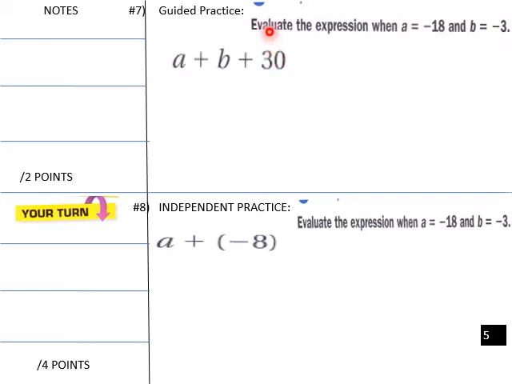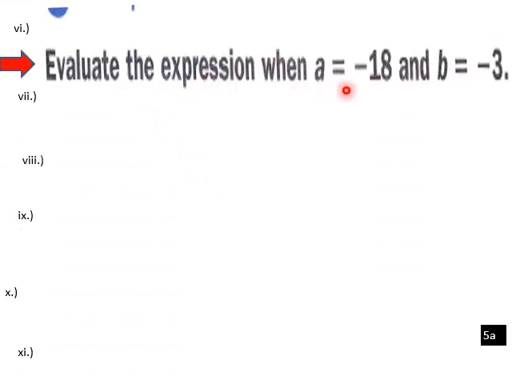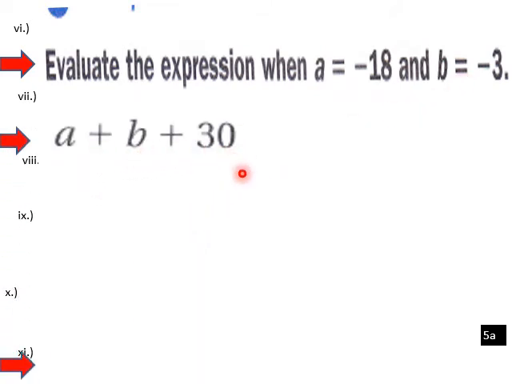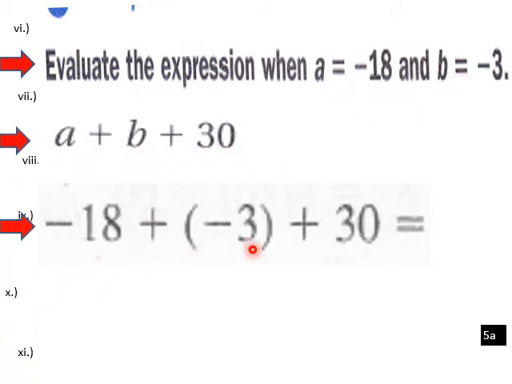So let's try one here. Evaluate this expression when A equals -18 and B equals -3, plus positive 30. Students, this is yours down here. Let's do this one up here. So the guided practice: A equals negative 18, B equals negative 3, A plus B plus 30. So negative 18 plus negative 3 plus 30.